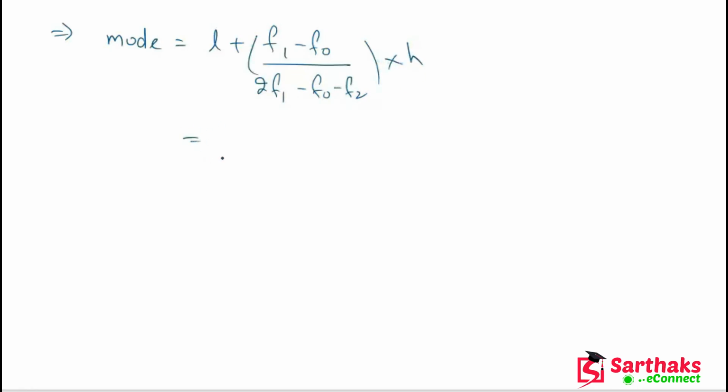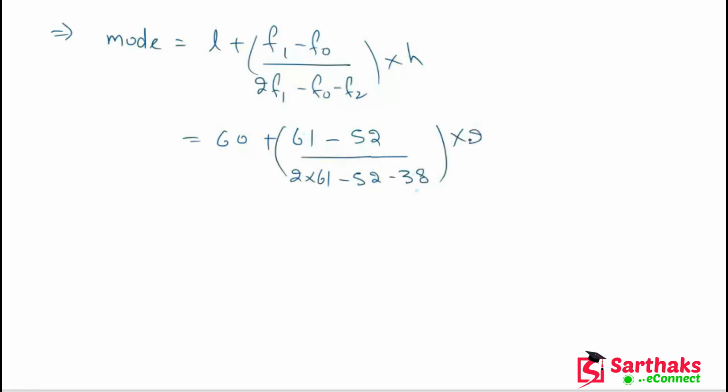So we have L is 60 plus, f1 is 61 minus f0 is 52, and twice of f1, which is twice of 61, minus 52 and minus 38, multiplied by 20. I hope my dear friends you understand these things.